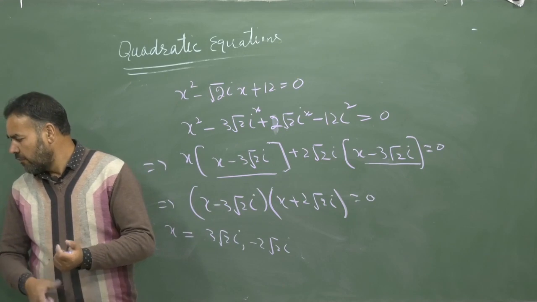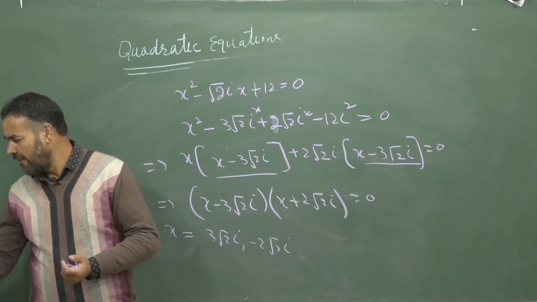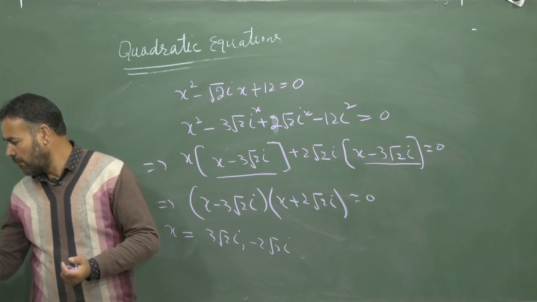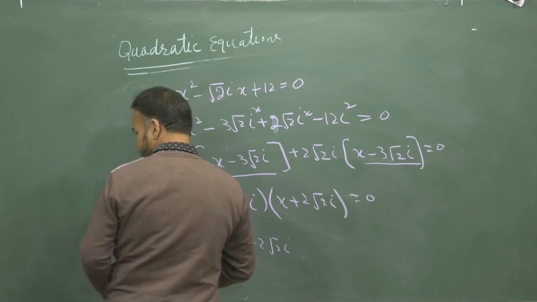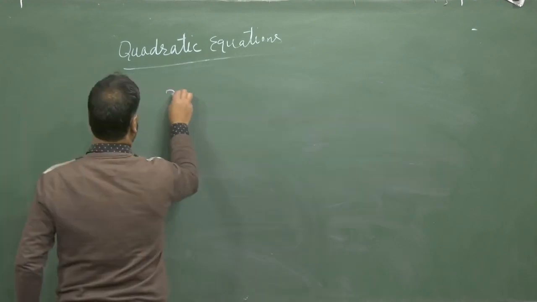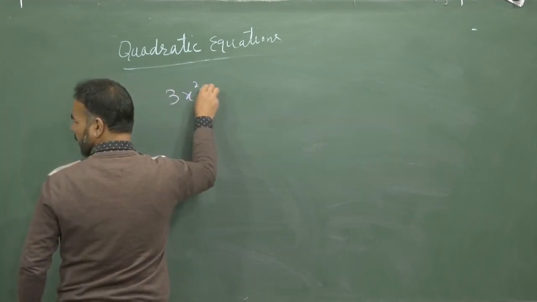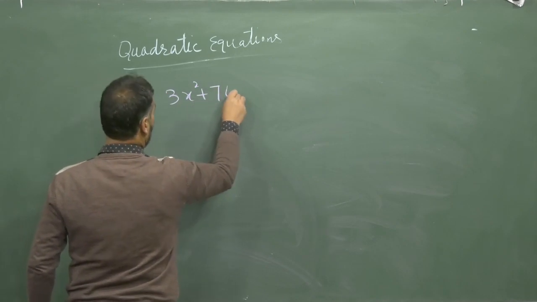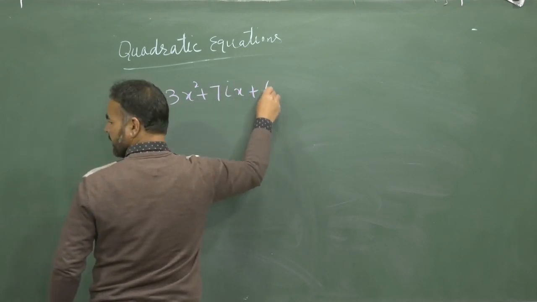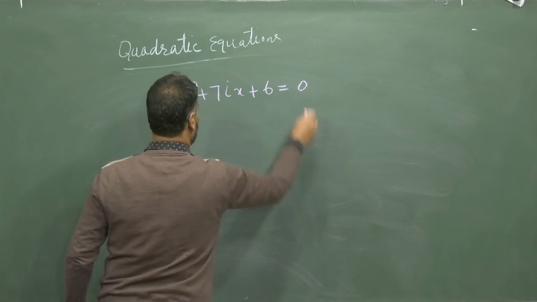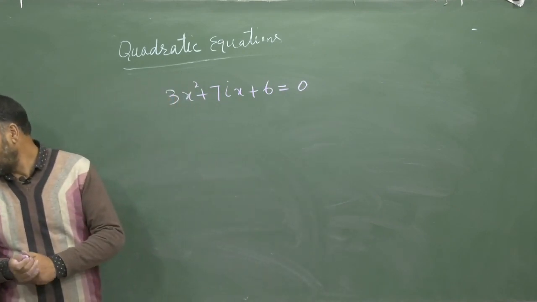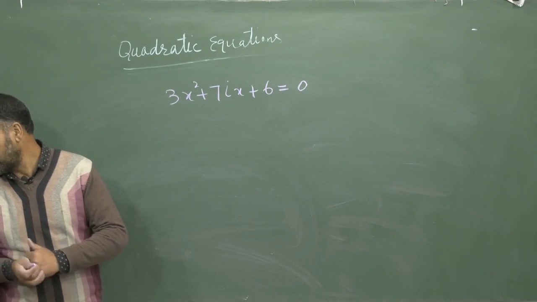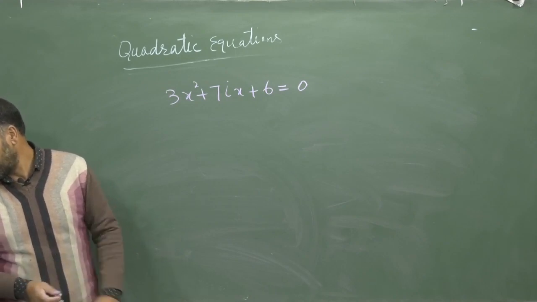Let us take one more example having a quadratic equation with complex roots: 3x square plus 7 iota x plus 6 equal to 0. This is another equation, and we have to find its roots by the factorization method.